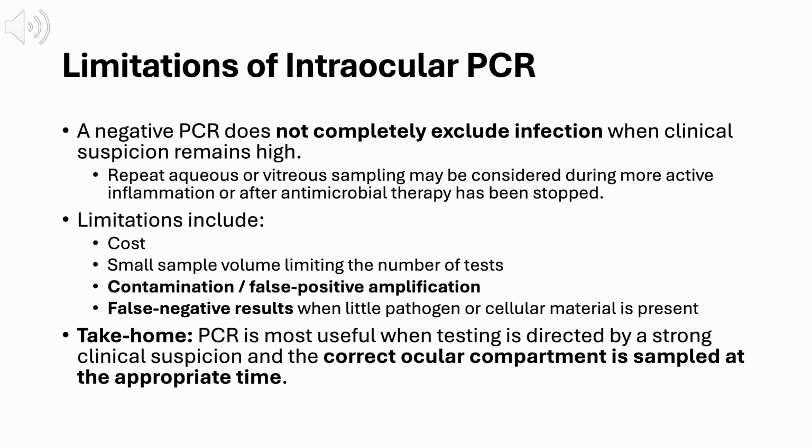The specific limitations to keep in mind are cost, the small sample volume, which caps how many tests you can run, contamination causing false positives, and false negatives when little pathogen or cellular material is present. The take-home: PCR is most useful when it's directed by a strong clinical suspicion and when you sample the correct ocular compartment at the right time. Aimless PCR disappoints. Targeted PCR excels.